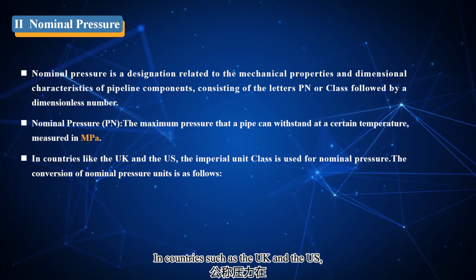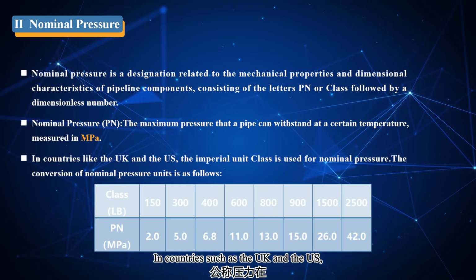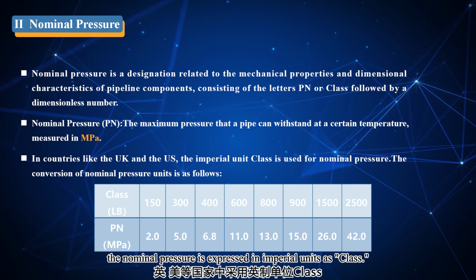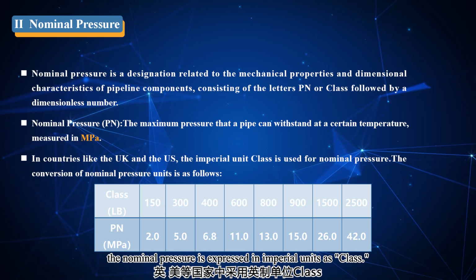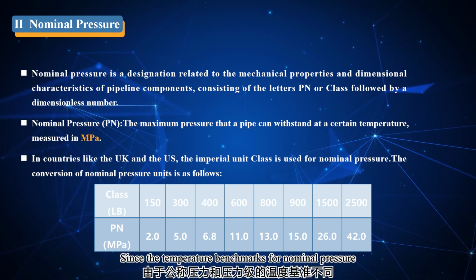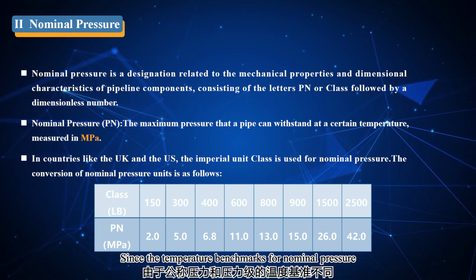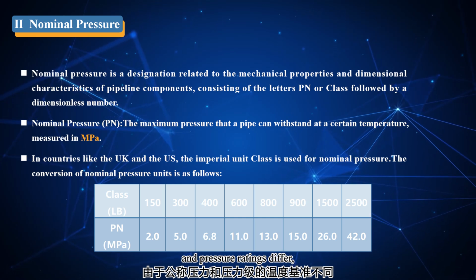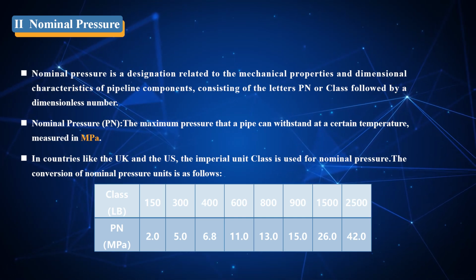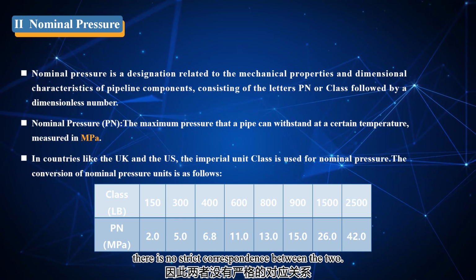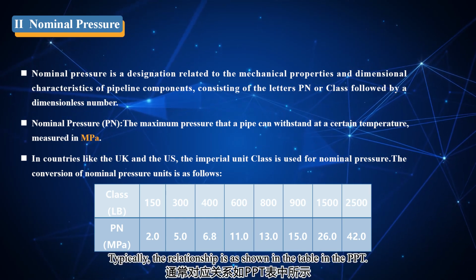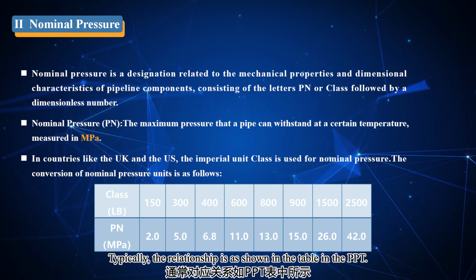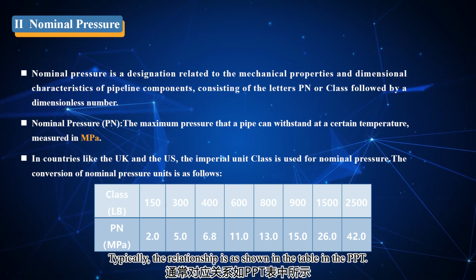In countries such as the UK and the US, the nominal pressure is expressed in imperial units as class. Since the temperature benchmarks for nominal pressure and pressure ratings differ, there is no strict correspondence between the two. Typically, the relationship is as shown in the table in the PPT.